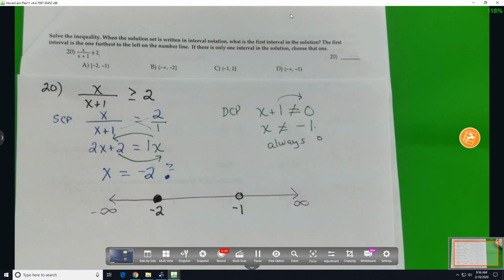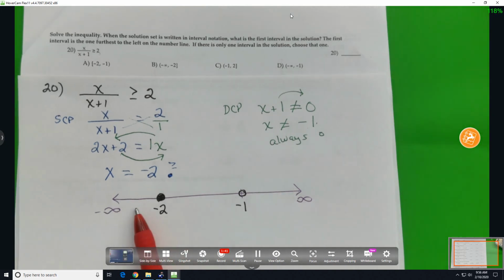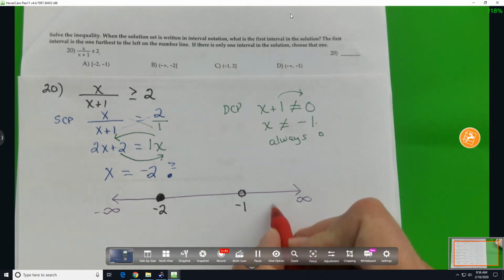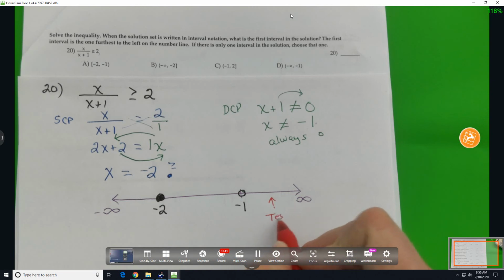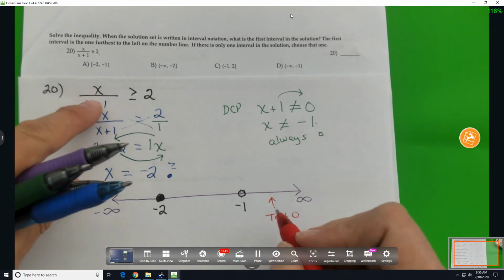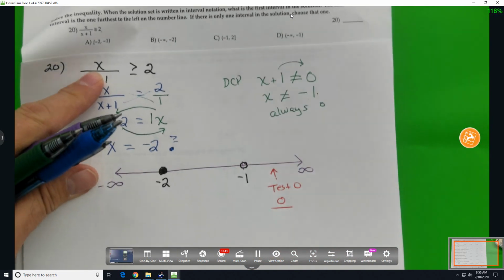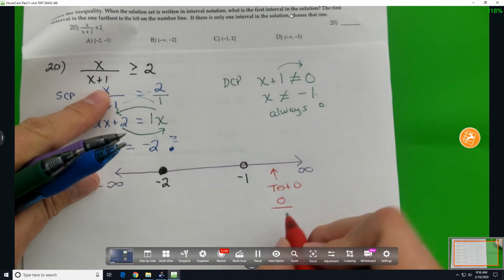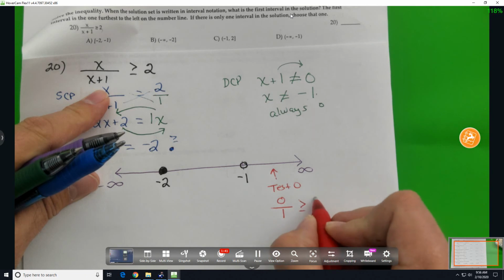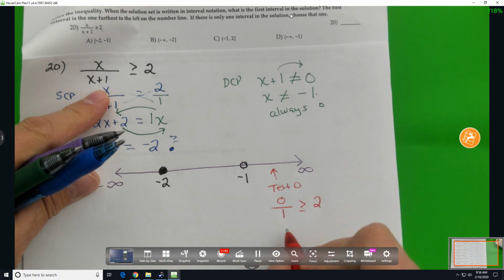And where do I test? Well, I test 0. Where does 0 lie? Is it in the first interval, the middle, or the last? Right here, between a negative and a positive. So let's test 0. We have a 0 on top. A 0 plus 1 is just a 1. 0 divided by 1 is 0.